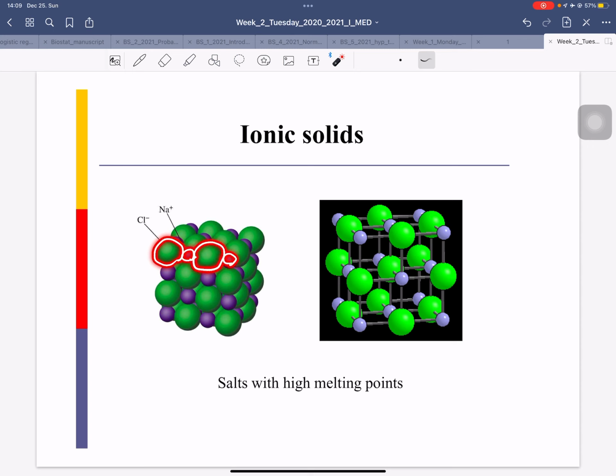It is a lattice system or network. As you see here, we can have a body-centered or face-centered crystal, with many shapes and salts with a high melting point. These have ionic bonds, then we can say ionic solids. Usually they are salts. I think this is one of the important definitions.